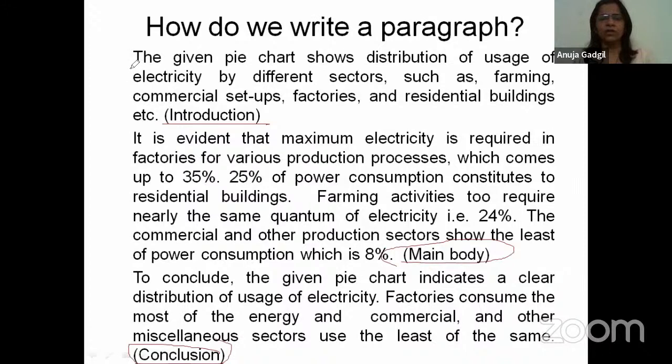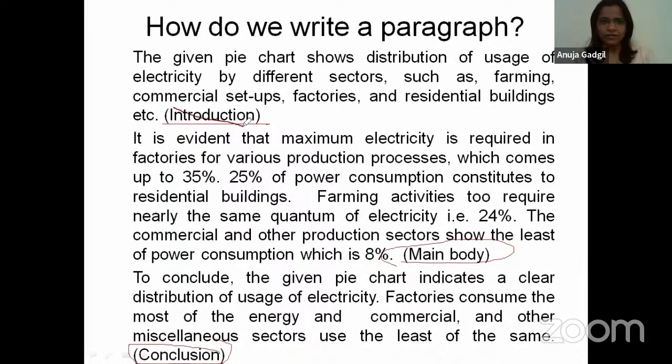So what that picture is about and what does it show? The given pie chart shows distribution of usage of electricity by different sectors such as farming, commercial setup, factories, residential buildings, etc. What this picture talks about, 1 or 2 lines.